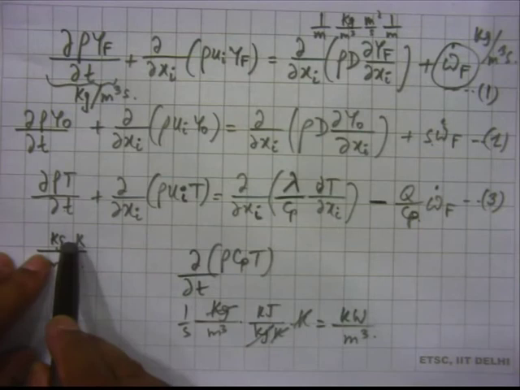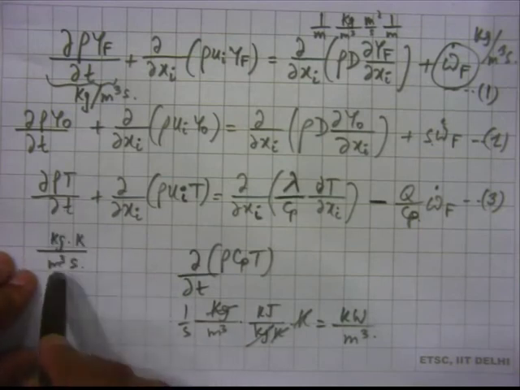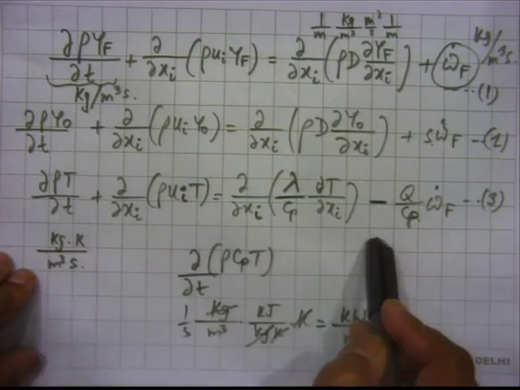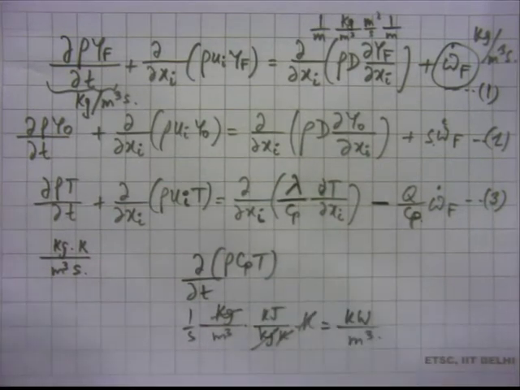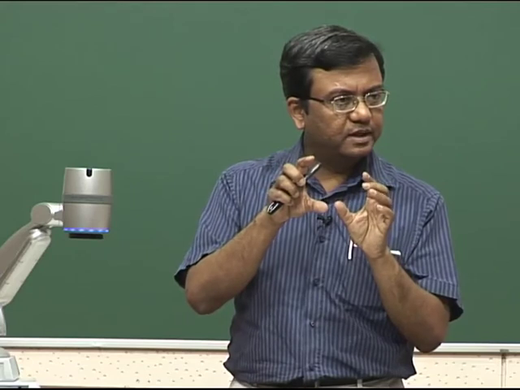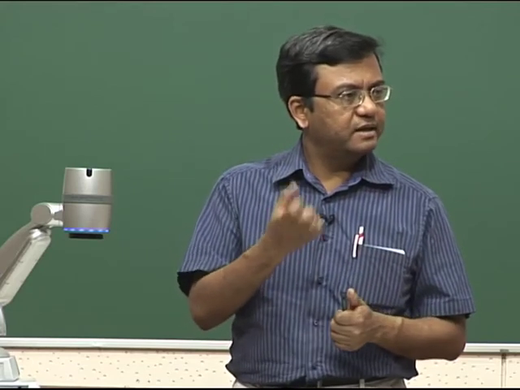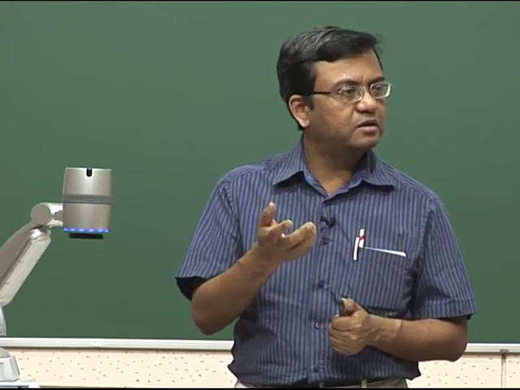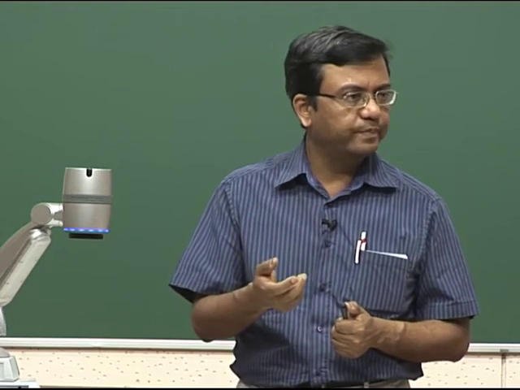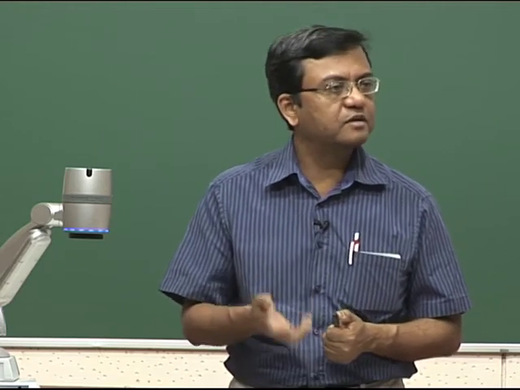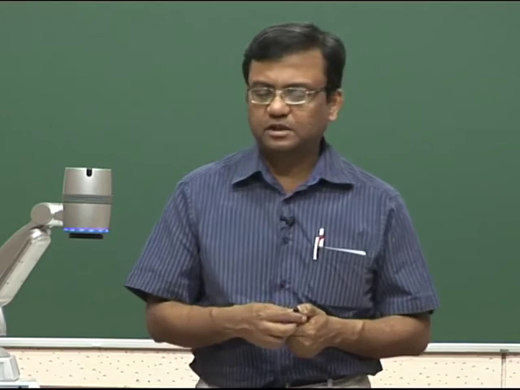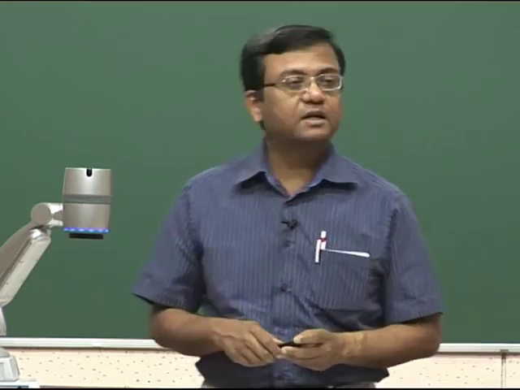It looks a little odd because you have divided by Cp. But it's actually this balance means that you have taken this control volume and you are seeing how much energy per unit time per unit volume you can account for because of various processes. One process, for example, is the chemical energy release in the flame.